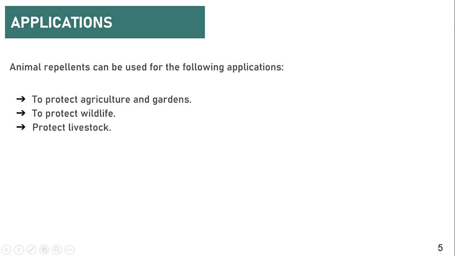We are also protecting livestock. Maybe we breed animals; there is livestock in farm areas near forest areas, and wild animals may attack our livestock. So we are also protecting livestock here.